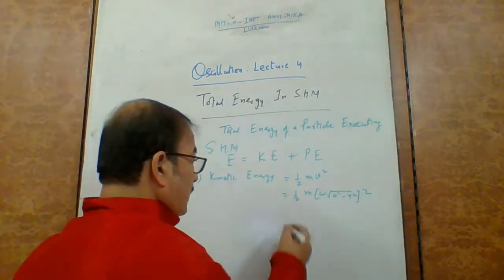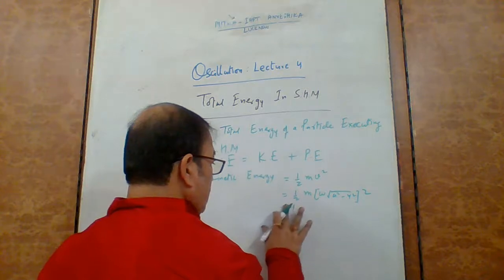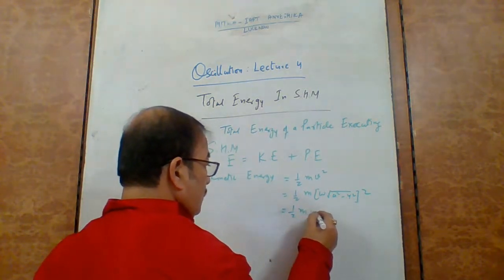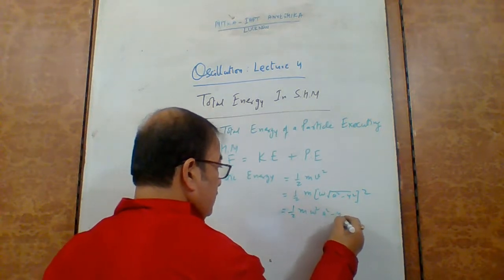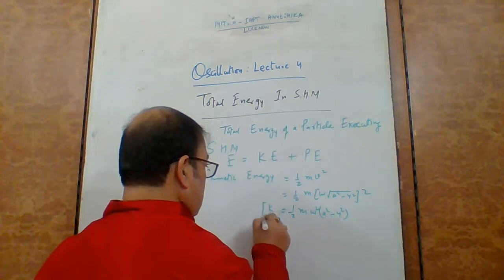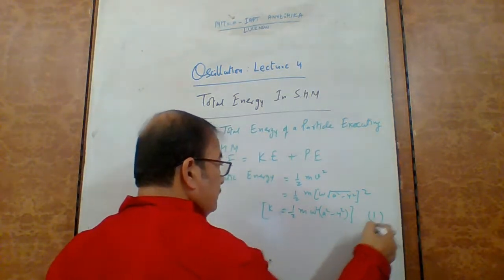That means we have K equals 1 upon 2 m omega squared (a squared minus y squared). This is equation number 1.